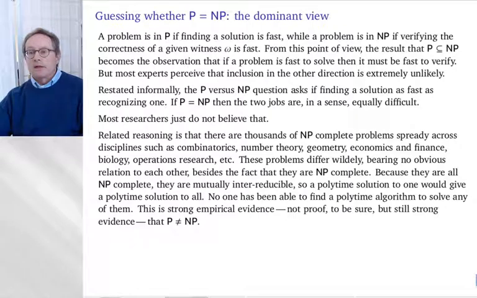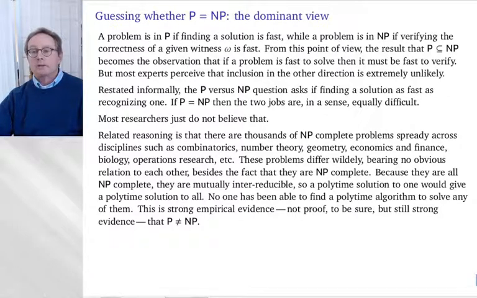Related reasoning is that there are thousands of NP-complete problems spread across disciplines like combinatorics, number theory, geometry, economics and finance, biology, operations research, etc. These problems differ wildly, bearing no obvious relationship to each other, besides the fact that they're all NP-complete. Because they're all NP-complete, they're all mutually reducible, so a polynomial time solution to one would give a polynomial time solution to them all.